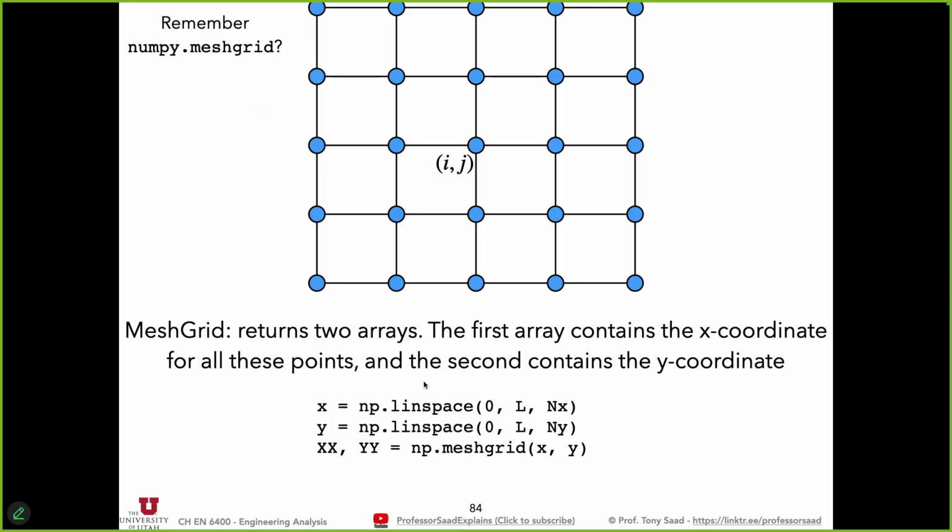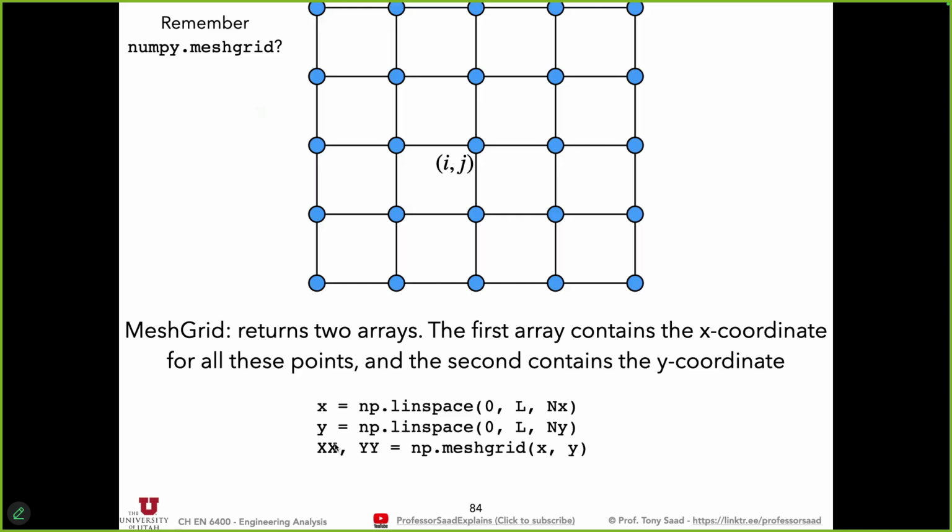Okay. Now, these x and y individually are one-dimensional arrays. To crisscross them to create this 2D grid, we do the meshgrid, and I store them in these. So meshgrid returns two arrays. Each one of them is two-dimensional, and I'm going to call them here xx and yy.